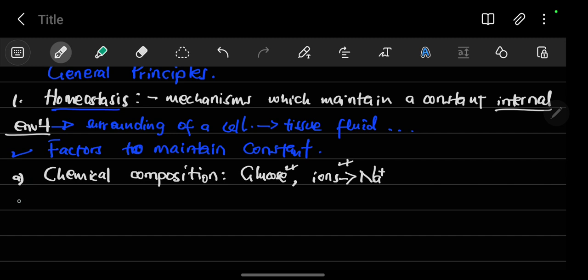Then the other factor to be kept constant is osmotic pressure. You realize that osmotic pressure moves hand in hand with the water and the solids in the body.